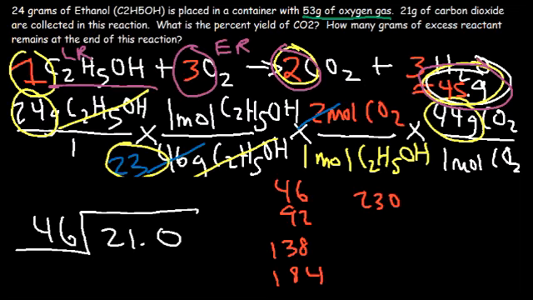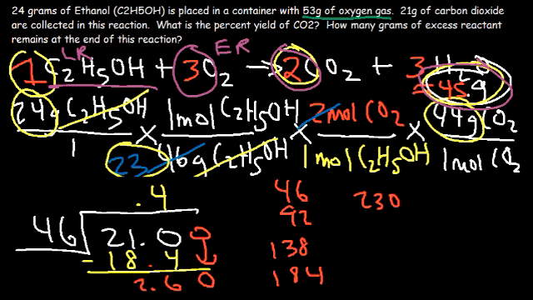So 230 is too much. So 46 goes into 210 at least 4 times. And 210 minus 184, that's 26. And if we add a 0, that's 260.